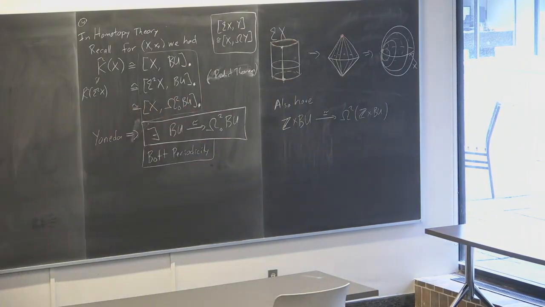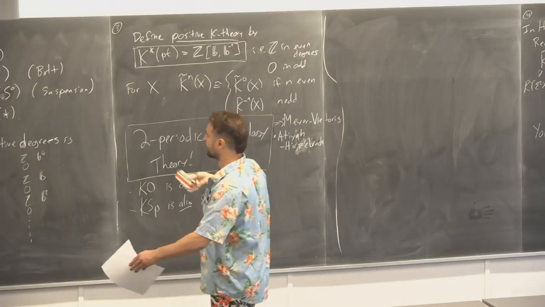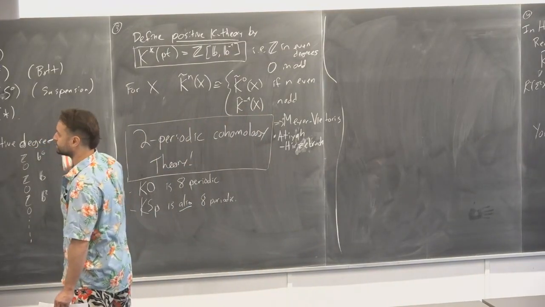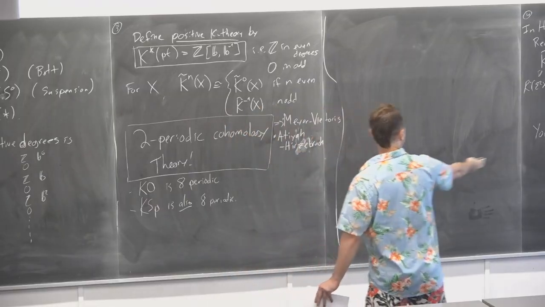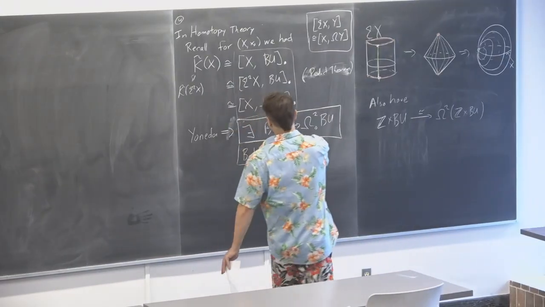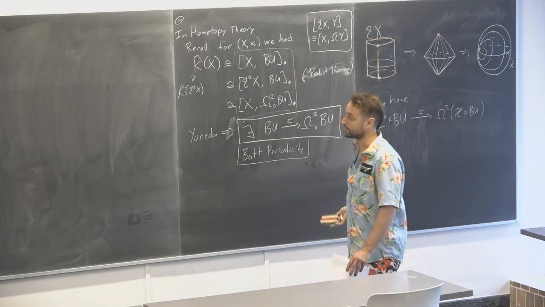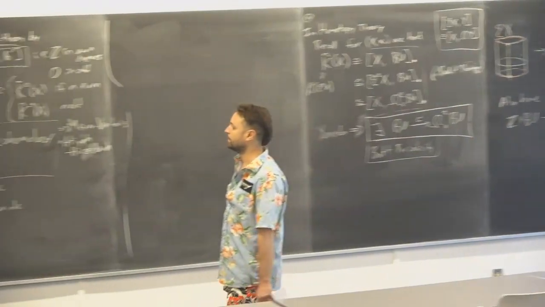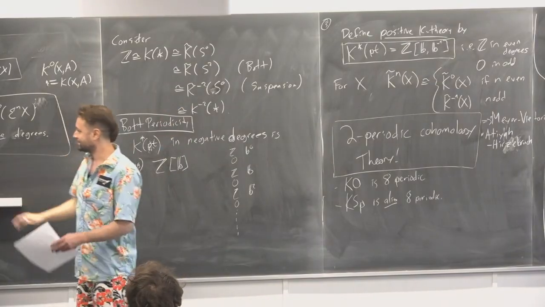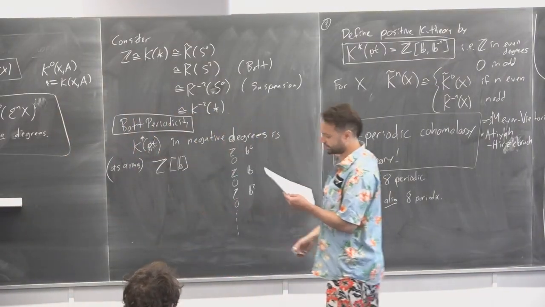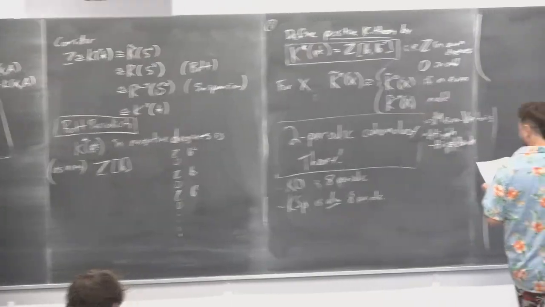So this K-theory isn't just some arbitrarily imposed thing. The 2-periodicity we see here that we've arbitrarily imposed is just coming from the 2-periodicity of this representing spectrum in the background. So it feels fake, but then it turns out it isn't. It's actually something that we're discovering rather than imposing.